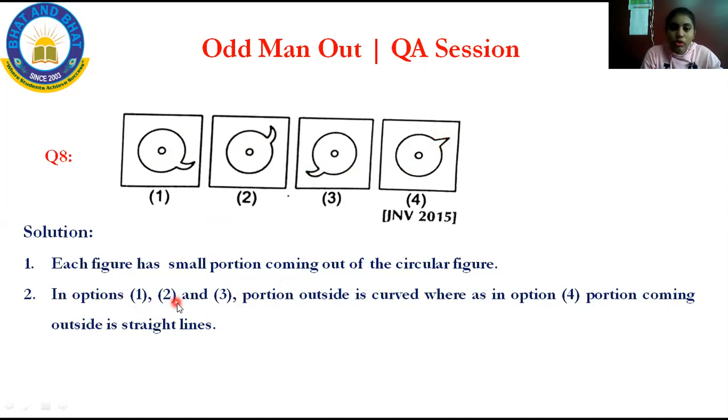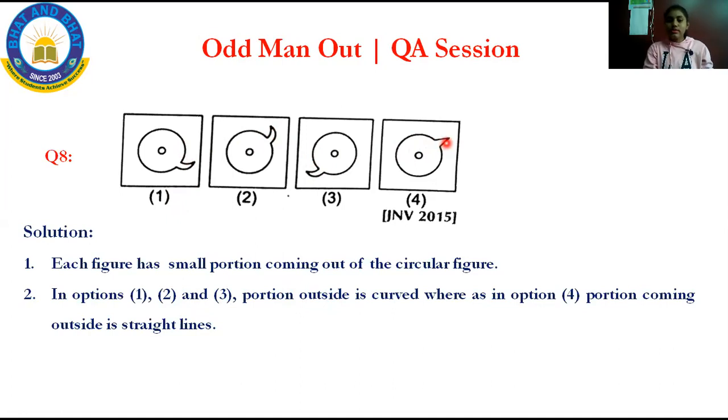In option 1, option 2, option 3, the outside is a curve, whereas option 4 is a straight line. Can you see? It is very easy. In option 1 it is a curve, option 2 also a curve, option 3 also a curve, but option 4 is a straight line. This is how you have to answer.